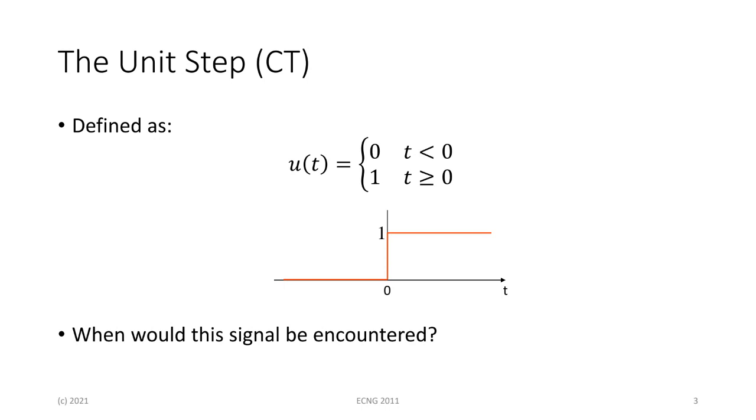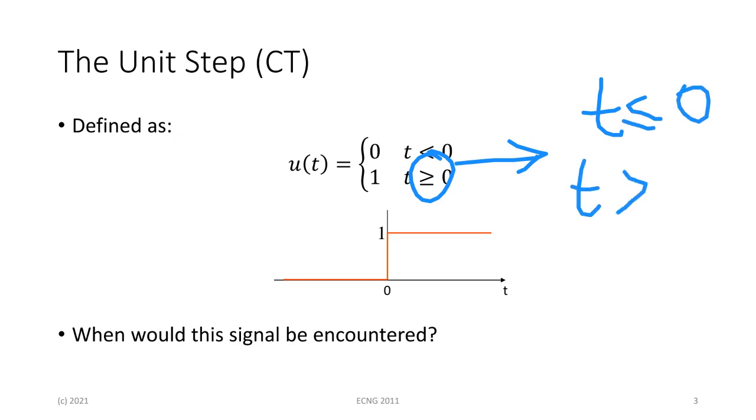Now, this is a little issue here, the Heaviside function. Some mathematics books define the unit step as changing for t less than or equal to 0 and t greater than 0, right?